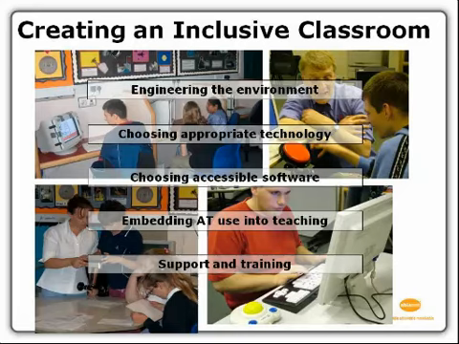Okay. So all of this stuff in our classroom, there's some things we need to think about. We need to make sure that the environment that we're working in actually supports all of this stuff. So we've got room for touch screens and we've got room for rollerballs and things.